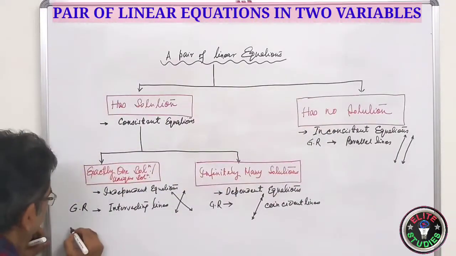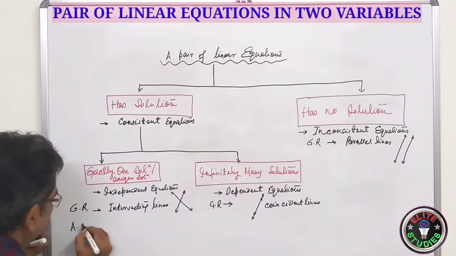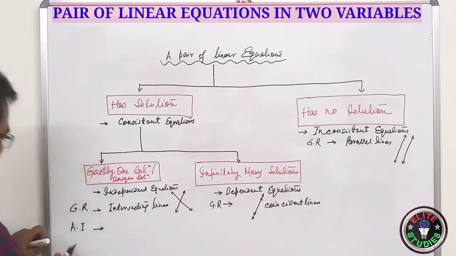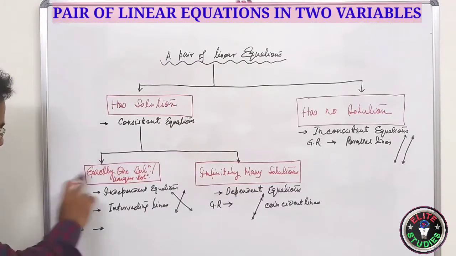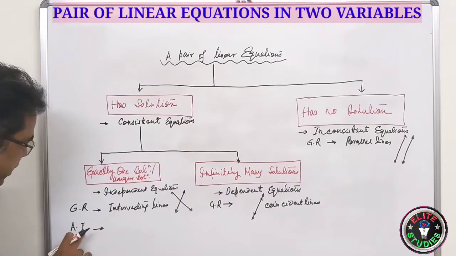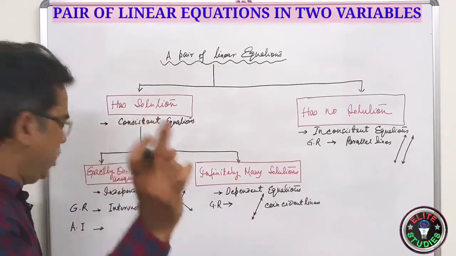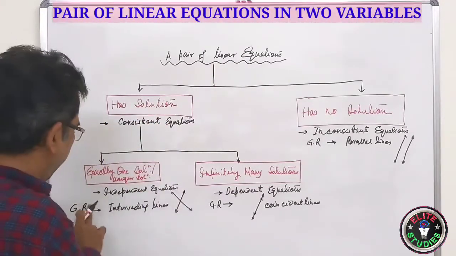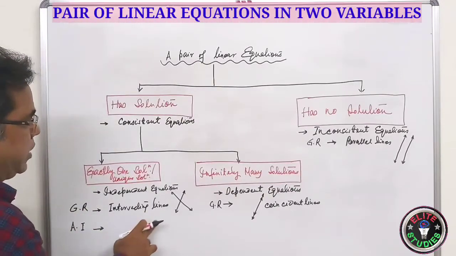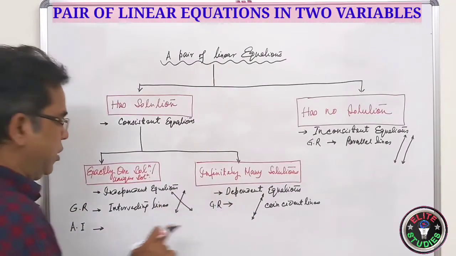Now we will go to the algebraic interpretation. I am writing in short. Though it is not the recommended abbreviation, there is no space, so I am writing it this way. It is given in the NCERT book, and this is the geometrical representation. The geometrical representation will be intersecting lines like this, and the algebraic interpretation is very important.